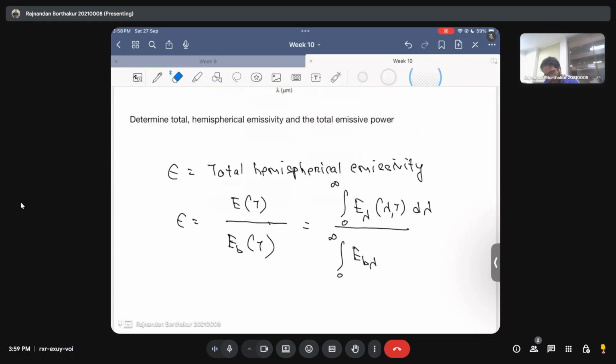We don't in fact need to write this EB in this form, because I can still use the Stefan-Boltzmann law. Because we know that there is a spectral dependence, we are writing the total emissive power of a real surface as the integral from 0 to infinity of E lambda d lambda.